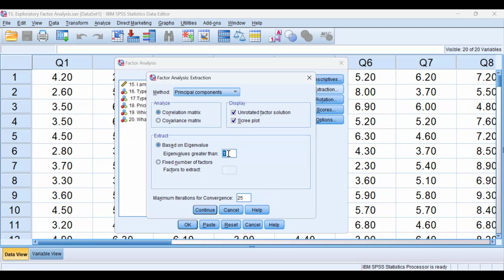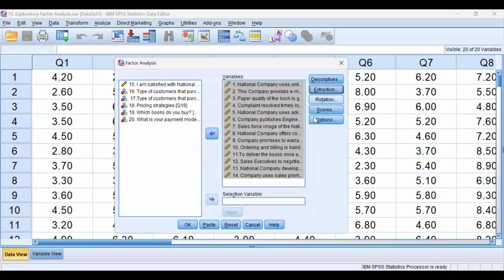By default it is 1. You can change it. If you are selecting a fixed number of factors, say 5 factors, then you do not need to tick this option. If it is pre-decided that you would select only 5 factors, you can write 5 here. But here I am selecting items on the basis of eigenvalues greater than 1, and then continue.